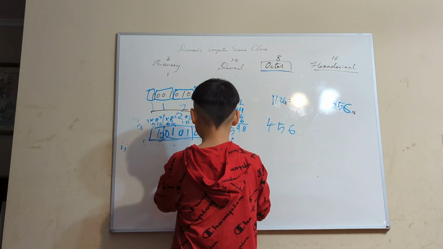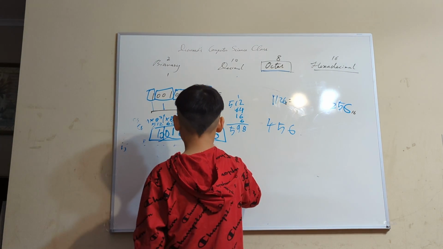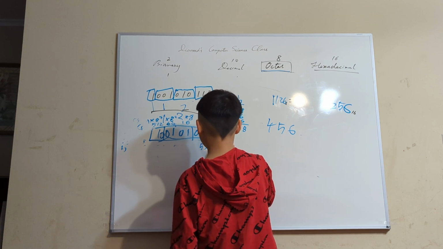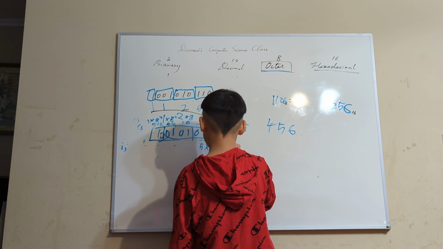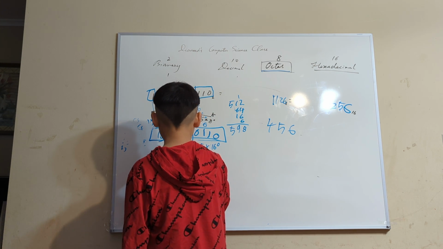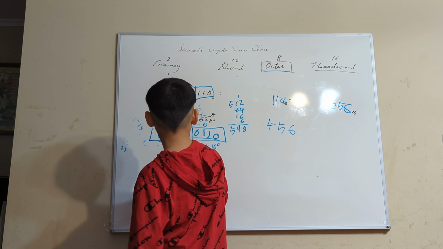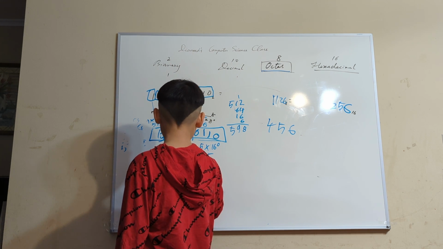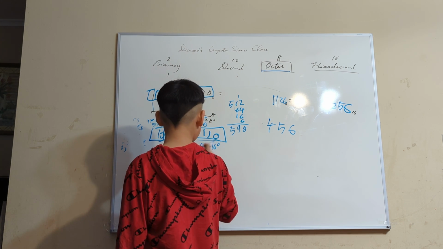Yes. So this is 5 multiplied by 16 power 0, and that is 5. No, this is 6.